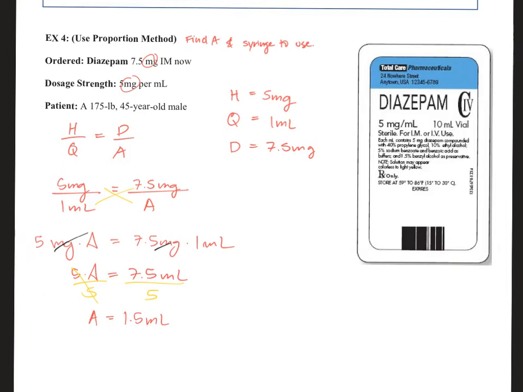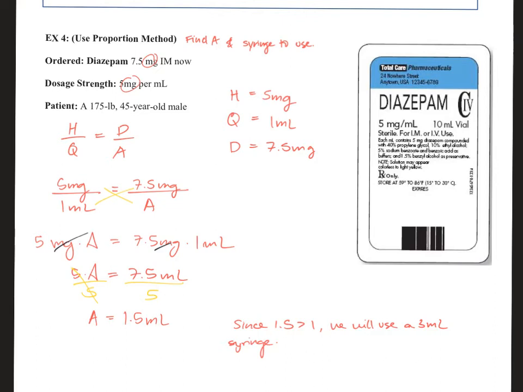Alright, so we know a standard milliliter syringe should be used since this is greater than 1. So since 1.5 is greater than 1, we will use a 3 milliliter syringe. And we don't need to round because it's already in the tenths place.